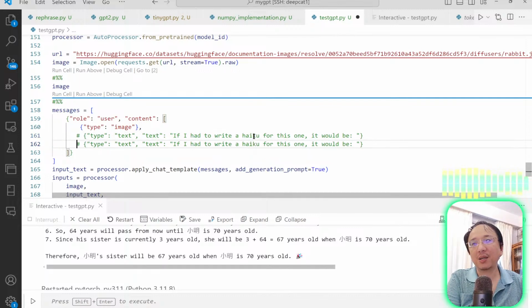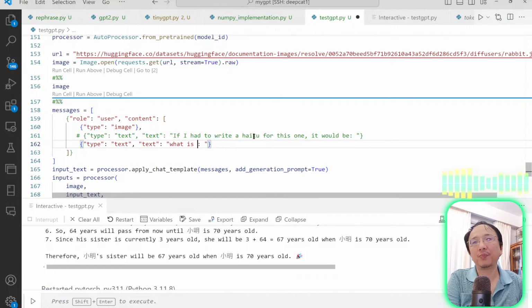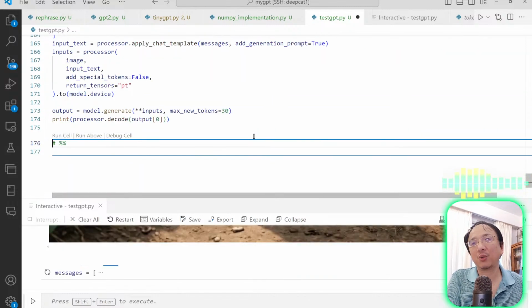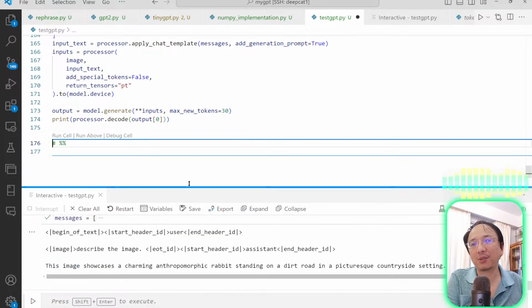So let me ask it another question. What is the animal inside the image? Describe the image. Let me just ask it to describe the image. This one is actually easier than the one that we just used, but anyway, it is quite a good demonstration.